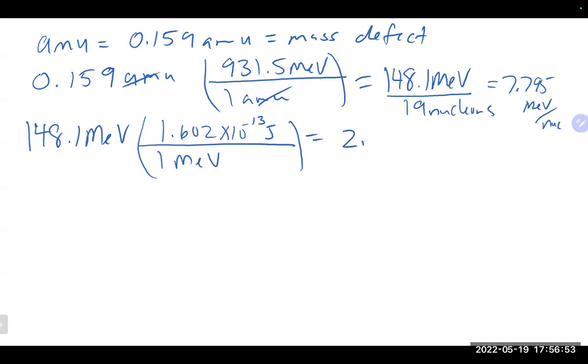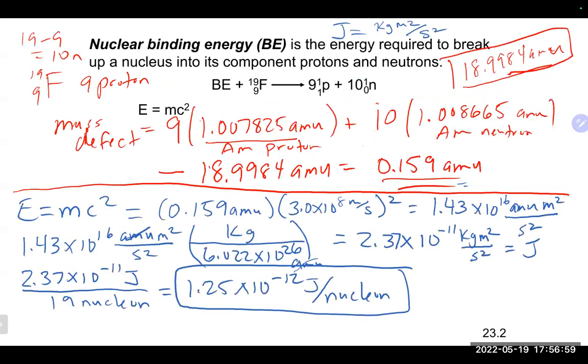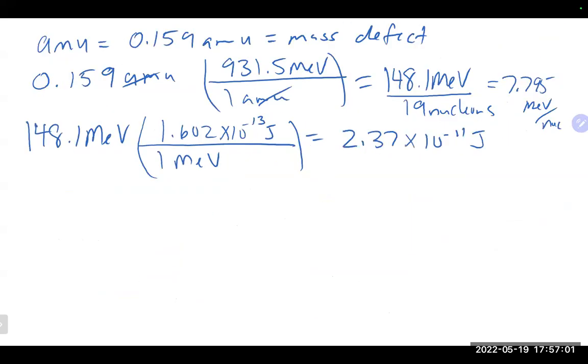Ends up with 2.37 times 10 to the minus 11 joules, which I hope is the number we had on the previous page, was it? That's good. At this point, we once again could divide this guy by 19 and gives us the same number, hopefully, of 1.25 times 10 to the minus 12 joules per nucleon.